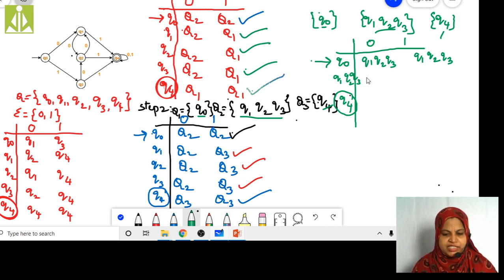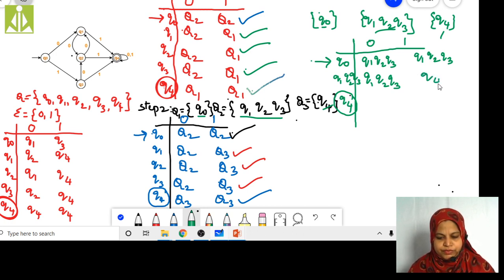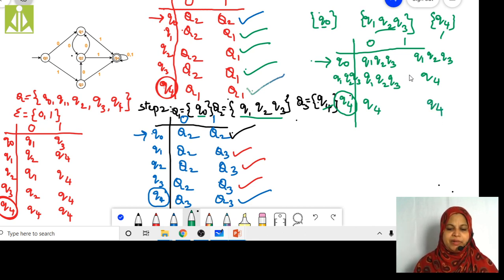Q2 is present in which state? Here. Q1, Q2, Q3. Right? Q1 on 1. Q4. Directly we can write Q4. So, Q4. Right? Q4 on 0. Q4. Q4 on 1. Q4. See here this is my minimized DFA.